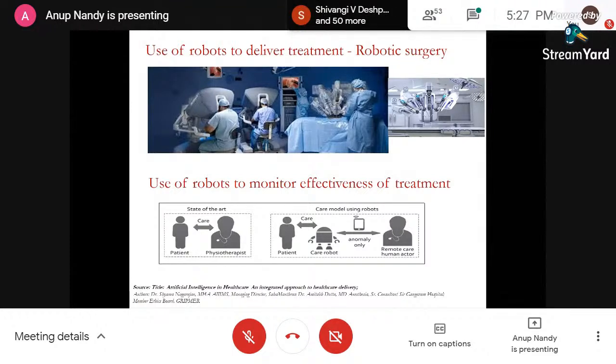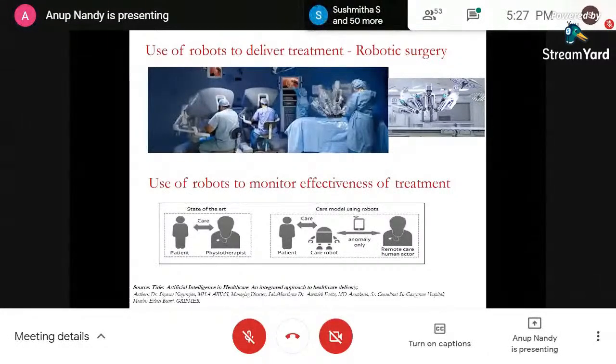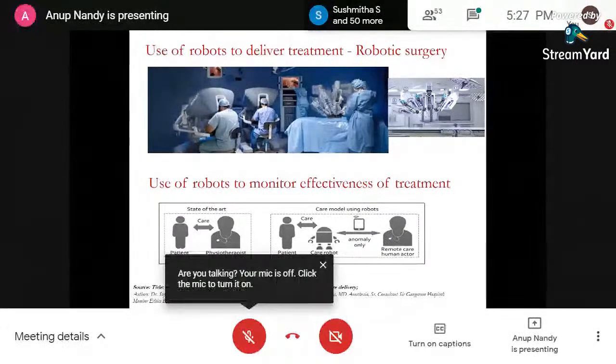So you have to be very cautious about it and plan accordingly. This is one type of application in AI, robotic surgery, and also the use of robots to monitor the effectiveness of the treatment. It is actually a high-end thing, so no need to think of it that way. It is just an application.